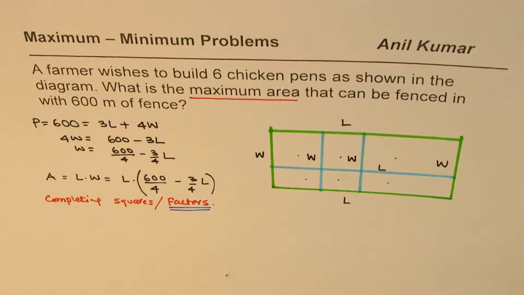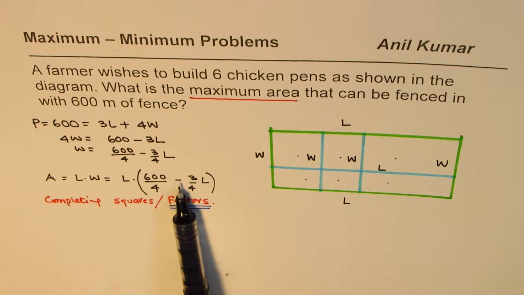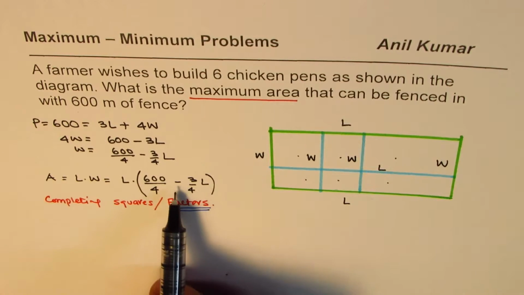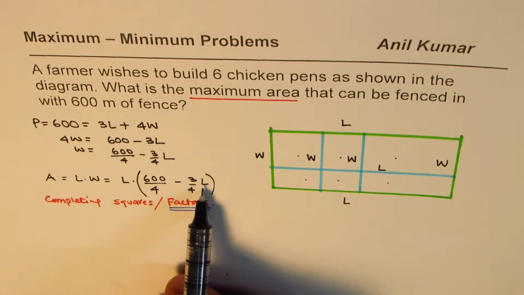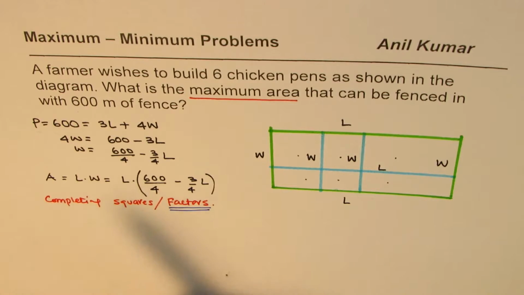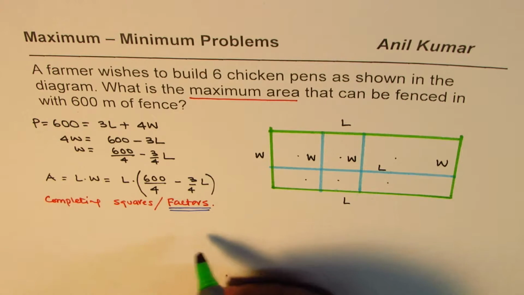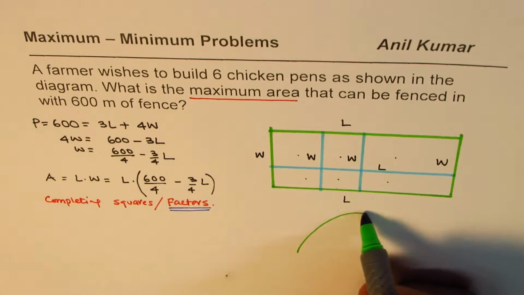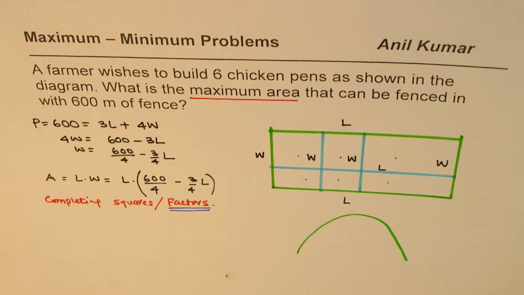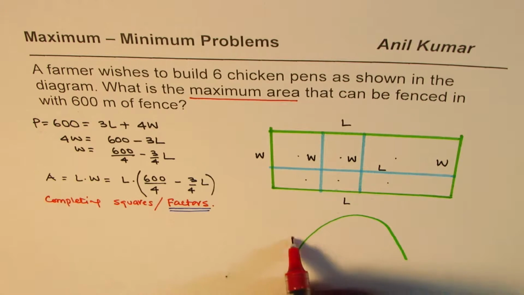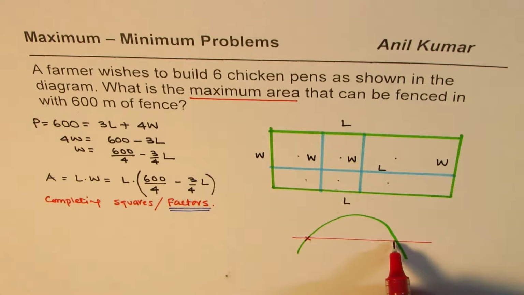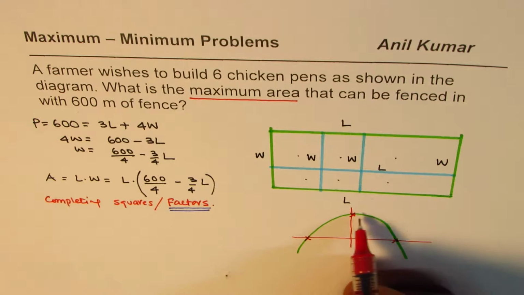Now this is a parabola we know. Here you can see this is negative. So if you expand it, you will get minus L square with something, and that will result into a parabola which will be like this, is it okay? So obviously if I have 2 points which are at the same level, then right in the middle I get my maximum.